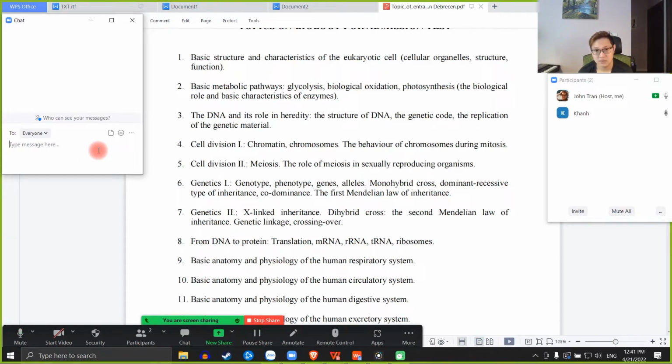Okay, so continue with X-link, please. You said it doesn't follow the second law of Mendel, but how exactly?